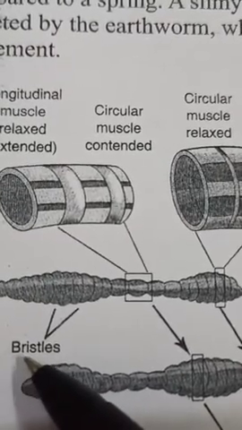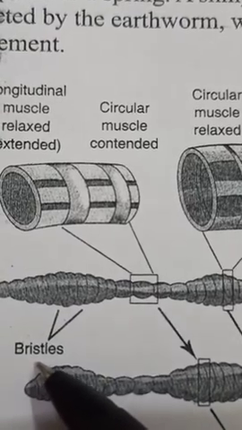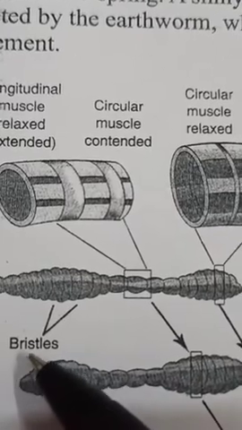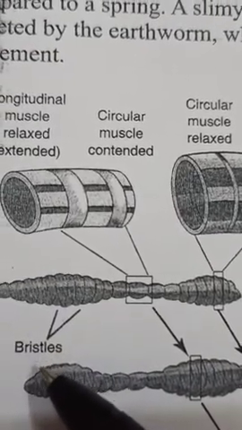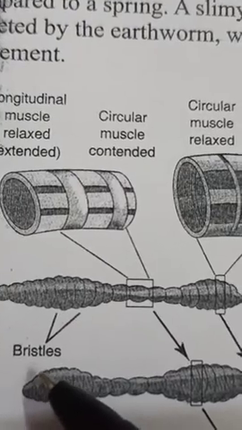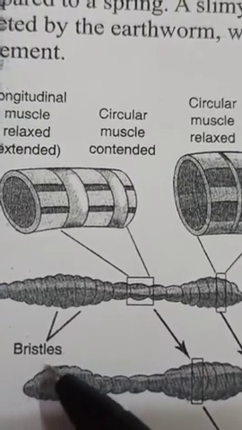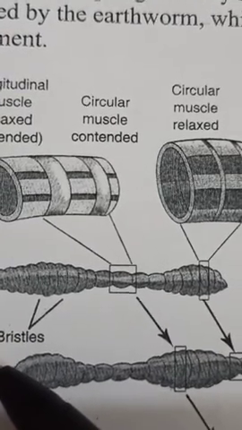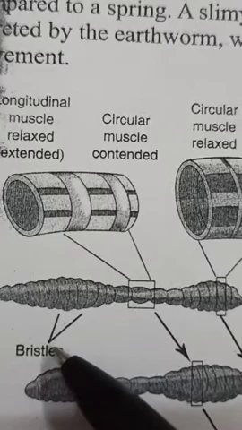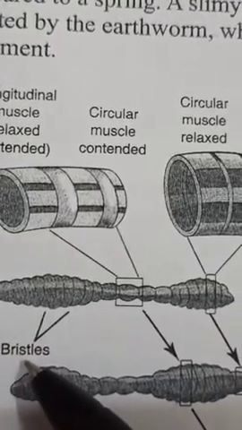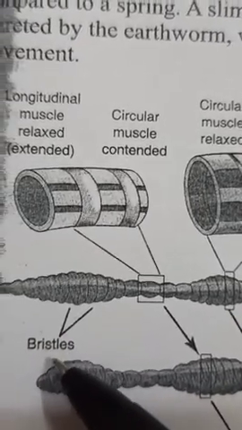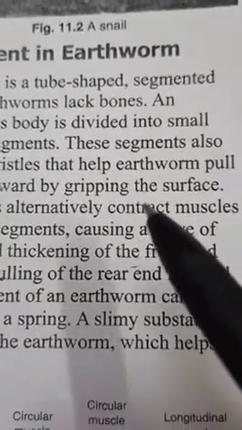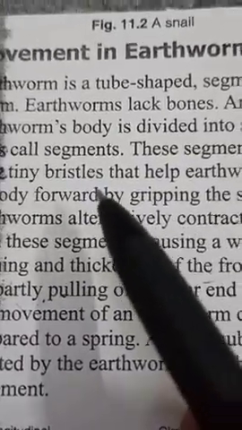So here they are showing that with the help of these bristles, earthworm can pull their body forward, because with the help of these bristles they can make a grip with the surface where they are moving. Okay, means on the soil they can make a grip with the help of these hair-like structures which are called bristles. So let's read the next sentence that is written.